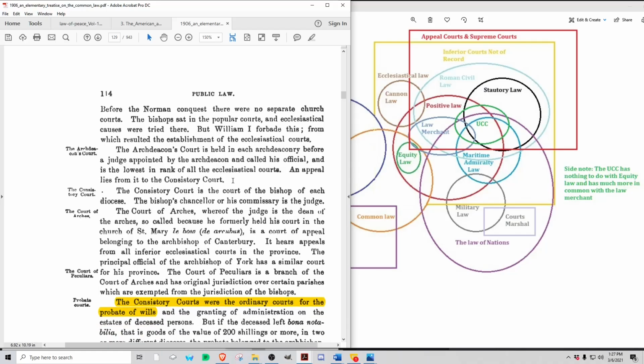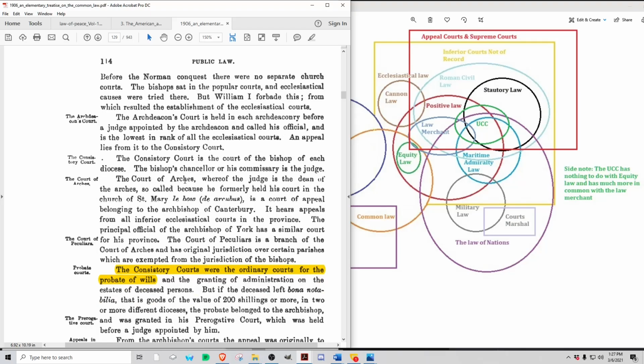The archdeacon's court is held in each archdeaconry before a judge appointed by the archdeacon and called his official, and it is the lowest rank in all ecclesiastical courts. An appeal lies from it to consistory courts. Okay, the consistory court is the court of the bishop of each diocese. The bishop's chancellor or his commissary is the judge.